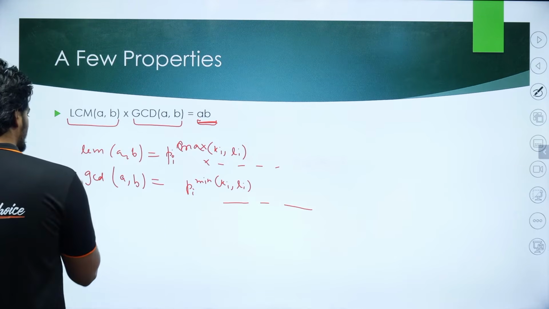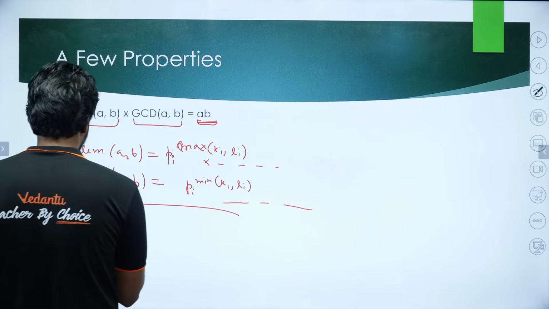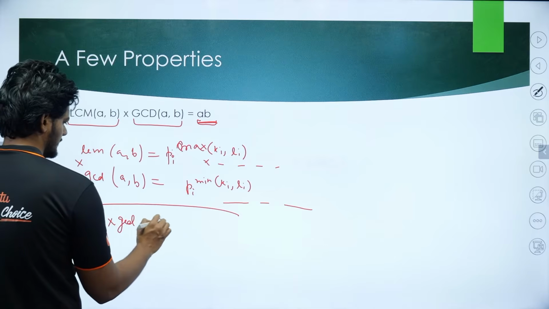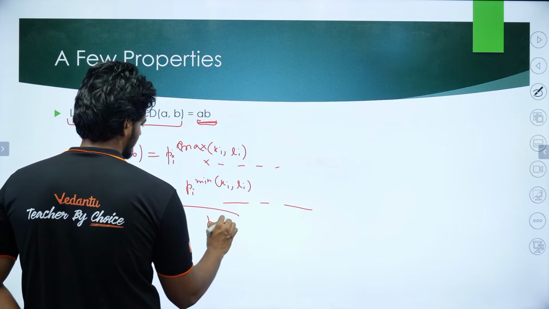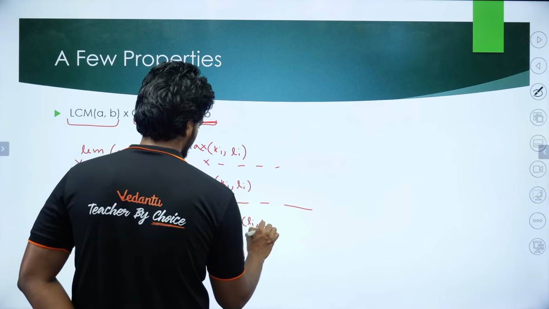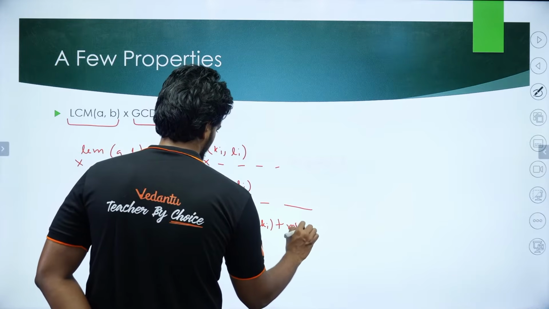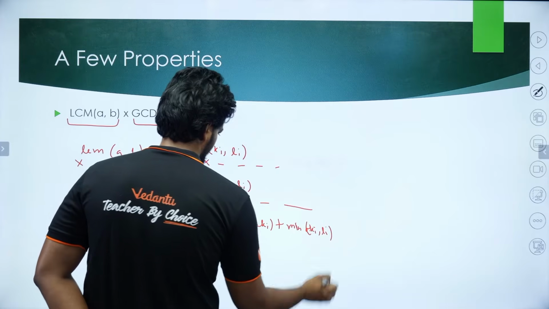When you multiply LCM into GCD, the Pi power becomes maximum of Li comma Ki plus minimum of Ki comma Li.